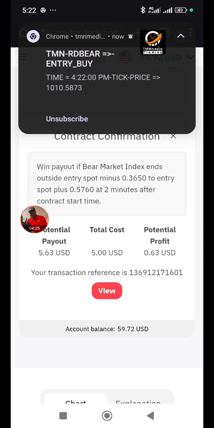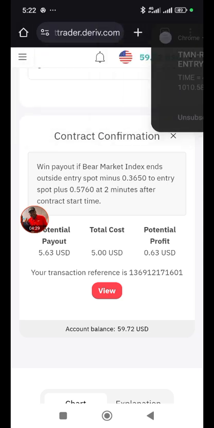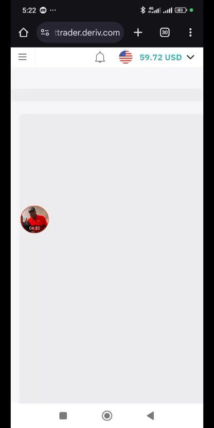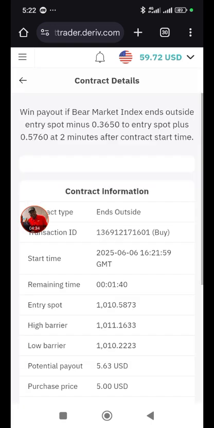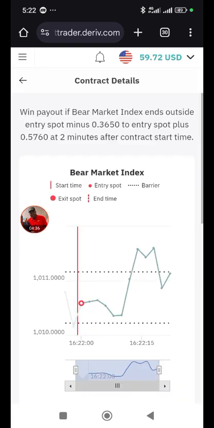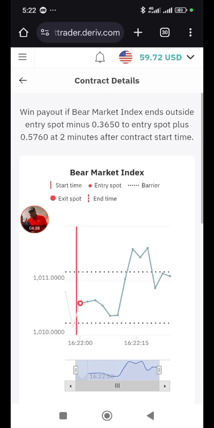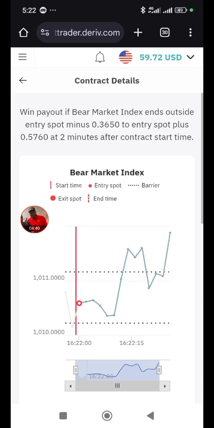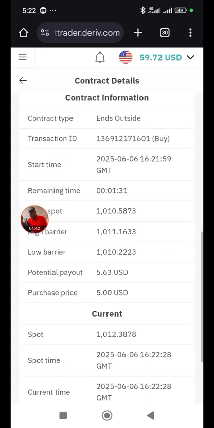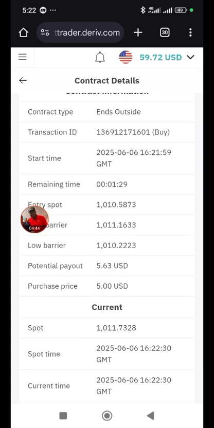I usually select the ones I keep to trade for ends outside. The reason is that ends outside is not like goes outside. With goes outside, immediately it gets to a certain distance, you've already won. But with ends outside, you have to wait the whole 2 minutes.